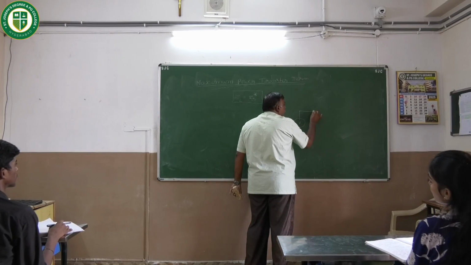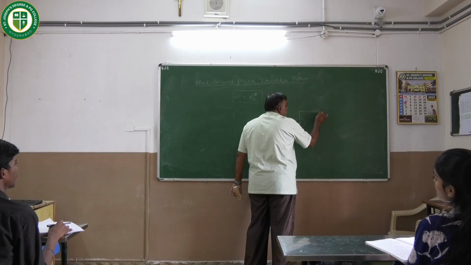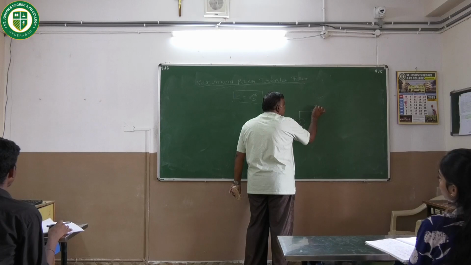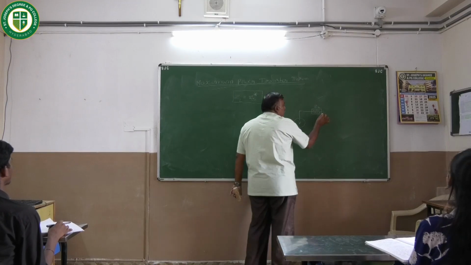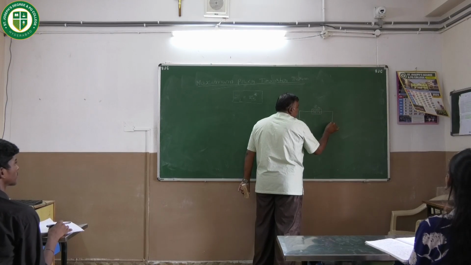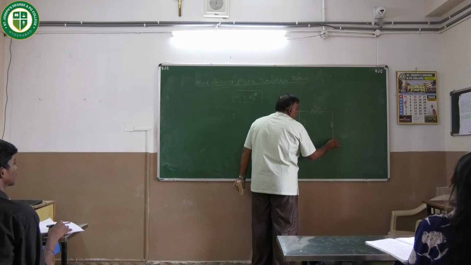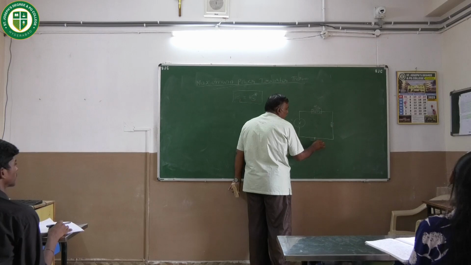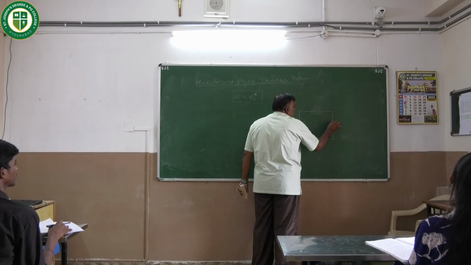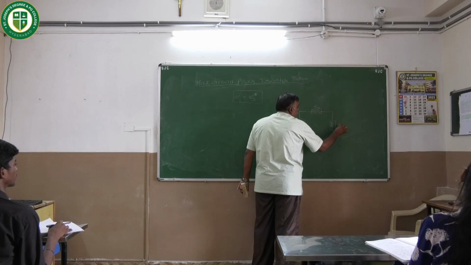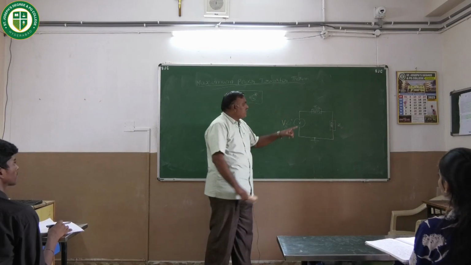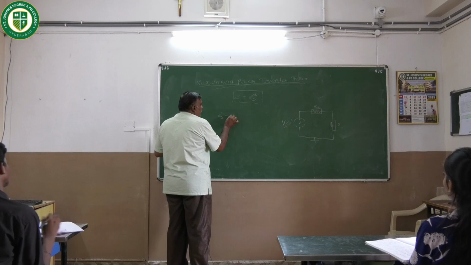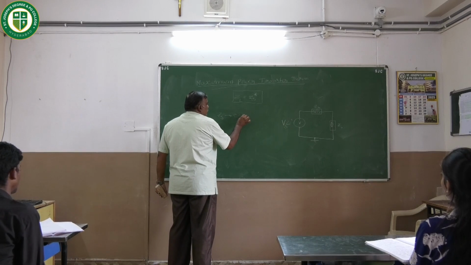We are taking two elements. This one we are assuming as Zs, and another element we are assuming as ZL. What do I mean by Zs? Zs is called the source impedance.